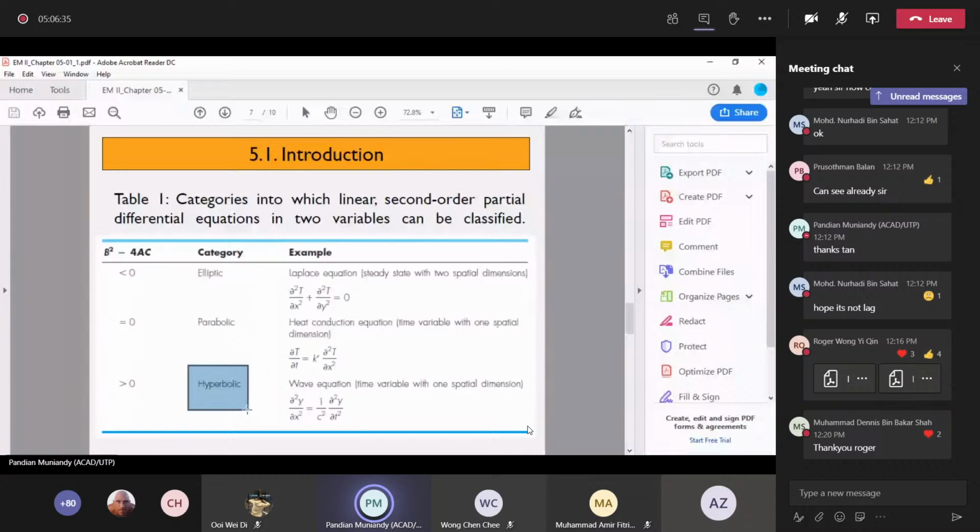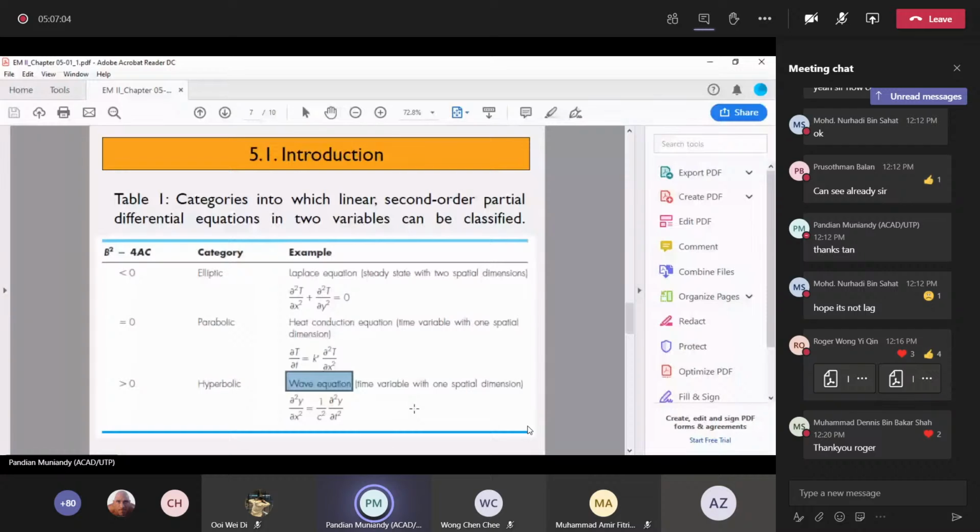Hyperbolic is the scientific name. For real engineering applications, we can use the word wave equation. This has a time variable also with one spatial dimension. Time variable is t and x is spatial, that is the space, that is distance.